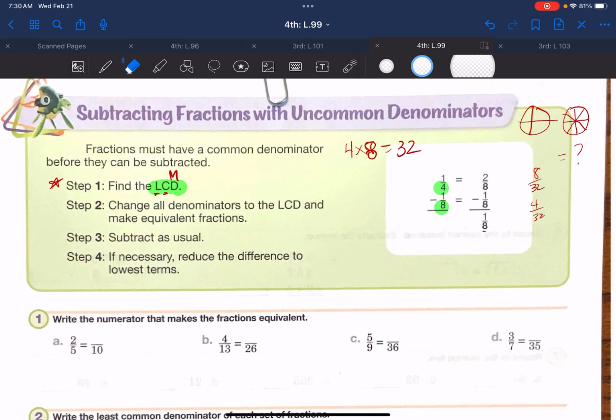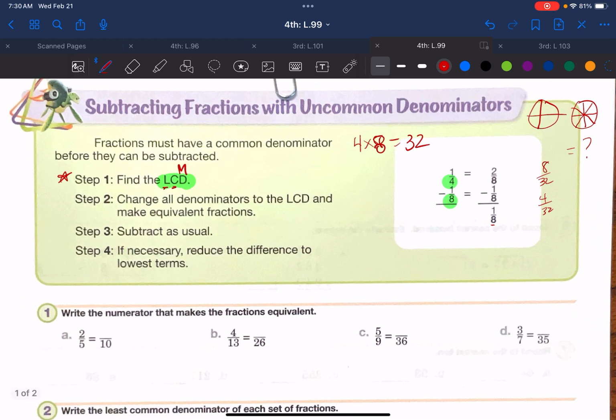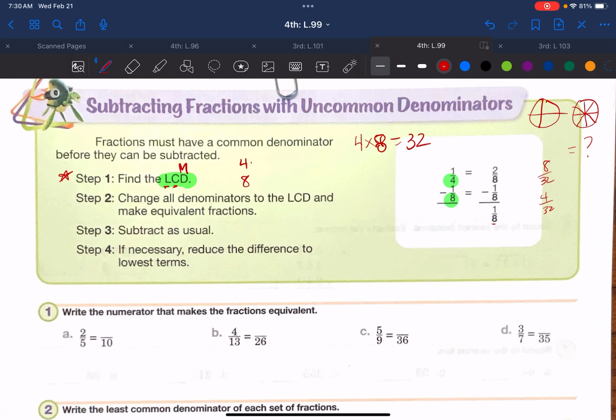They said, all right, I need to make the least common denominator, so I'm going to list out my multiples of both of them. And like I said, you only have to list a couple. So here are my multiples of 4 and of 8. So 4, 8, 12. When I go to do my eighths, I go 8, 16. Already I have 8 and 8.